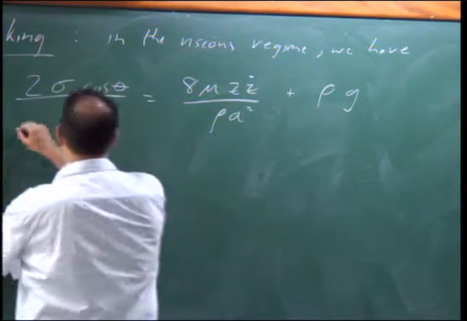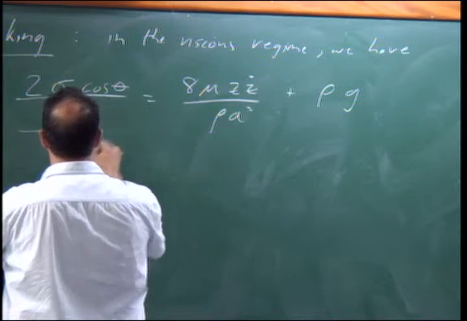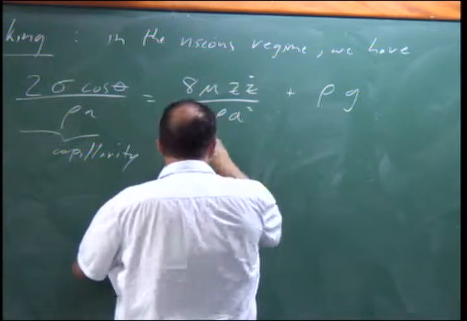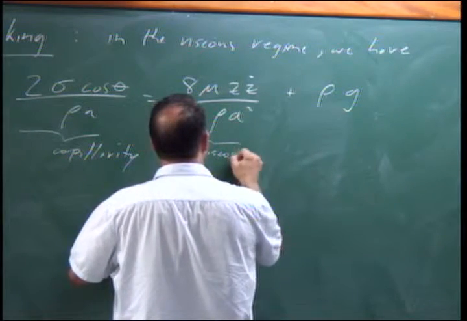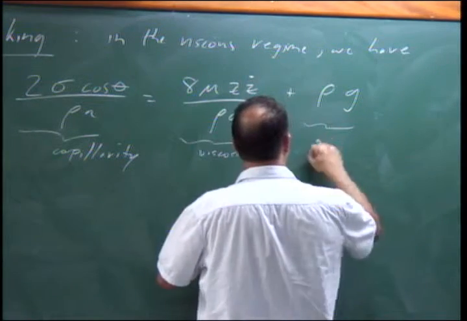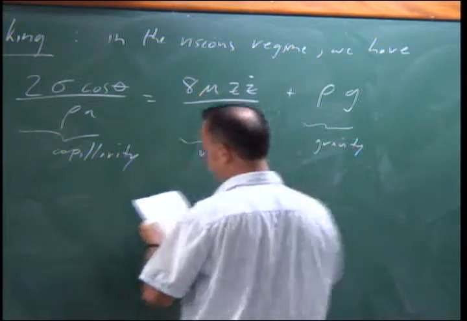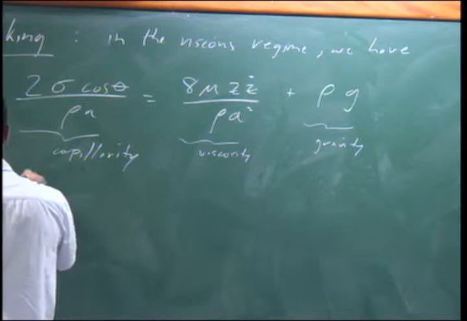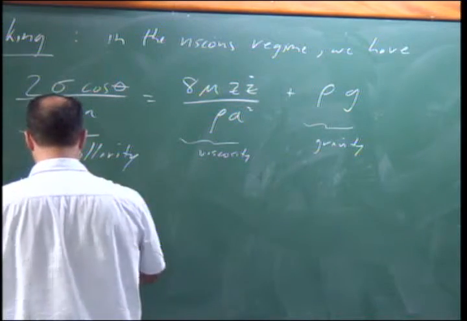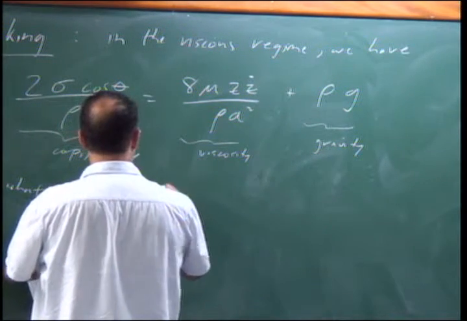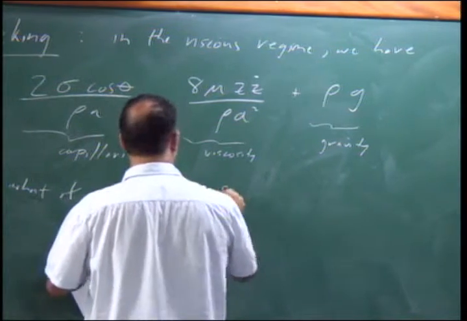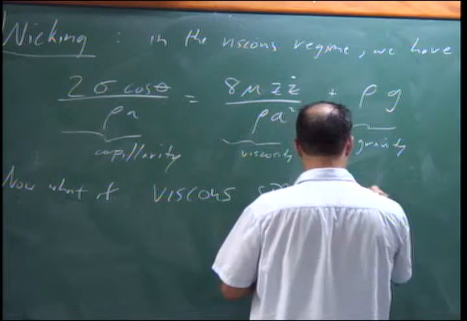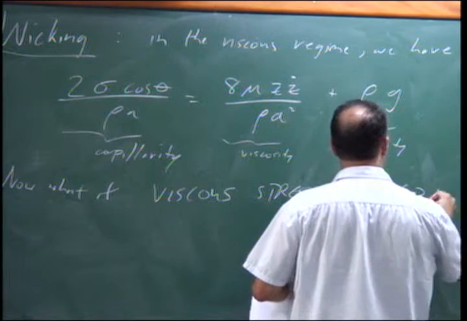Okay, so we've seen this balance. We have capillarity. So the question is, what happens if viscous stresses are much greater than gravity?